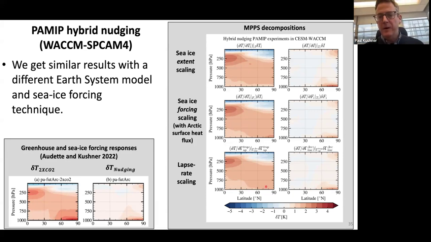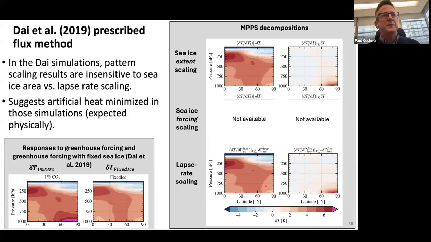So I did want to leave time for questions, but let me just say that we started to look at this in other simulations, and it turns out that the simulations give you very different combinations of patterns of response. It's not just the model dependence; it's the protocol dependence.